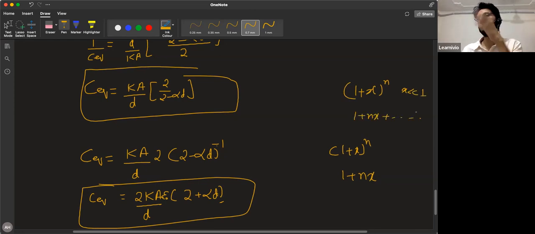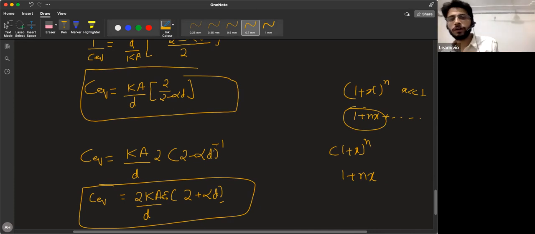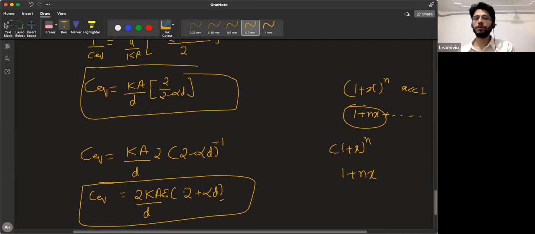You have a few more terms, but if x is very small, you can leave it at 1 plus nx. So here this is minus 1 power, so I multiply it here. That's what I did. You can take common now. If you take common, this will be 1 plus alpha d by 2, and you can take this 2 as common here.